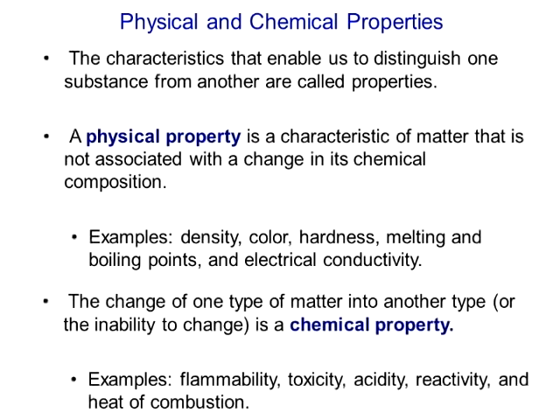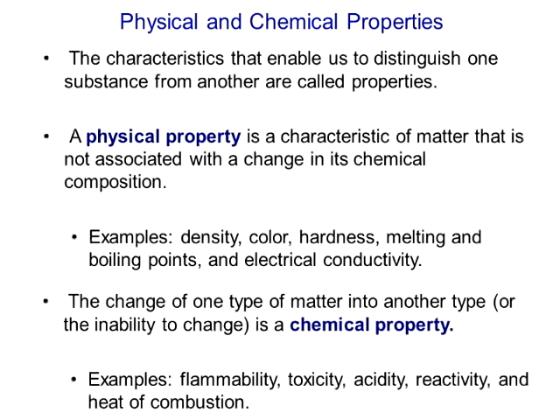The term react is a giveaway in any problem that it is going to be a chemical property. If it involves a reactive change, then that's going to be a chemical property. Examples: flammability, toxicity, acidity, reactivity, and heat of combustion. These are all related to some form of chemistry that occurs. Flammability, the term you'll hear, is combustion or burning.